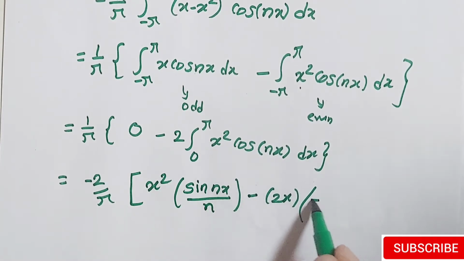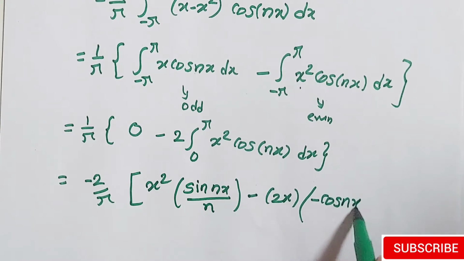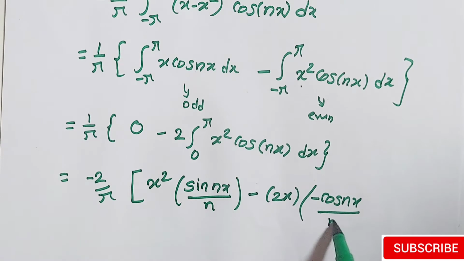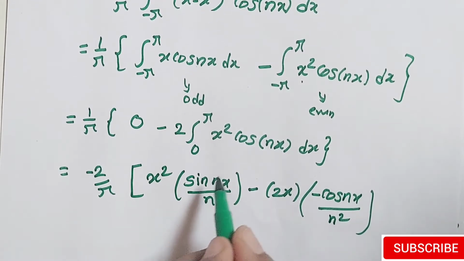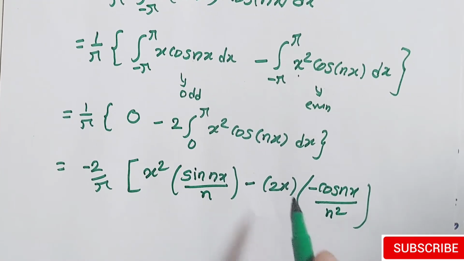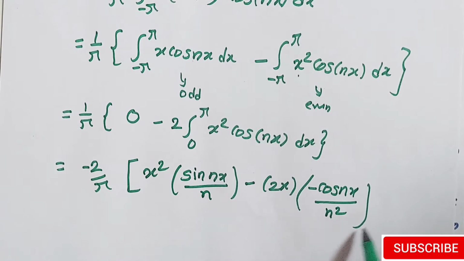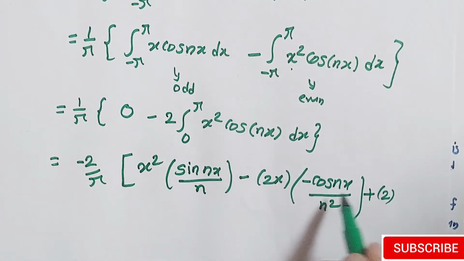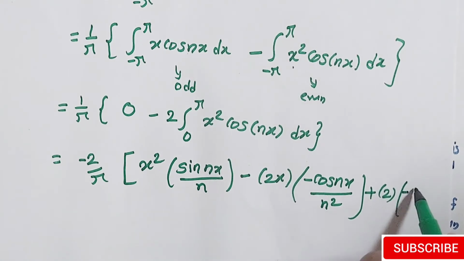Integration of the second term, so minus cos nx divided by n, and since it already contained n, it is n square because we are taking the integration of this second term. Now again take the derivative of the first term, so 2, and integration of this term, so minus sin nx divided by n cube.